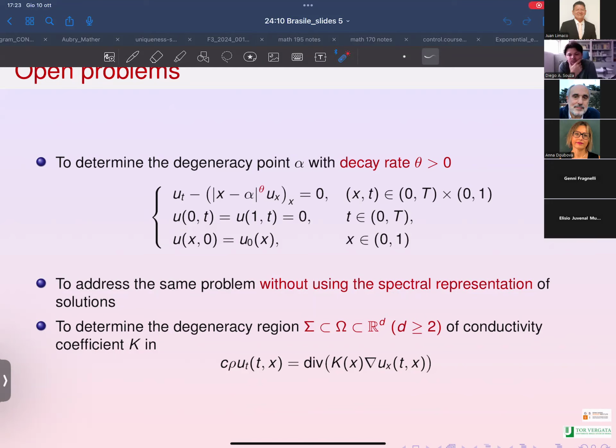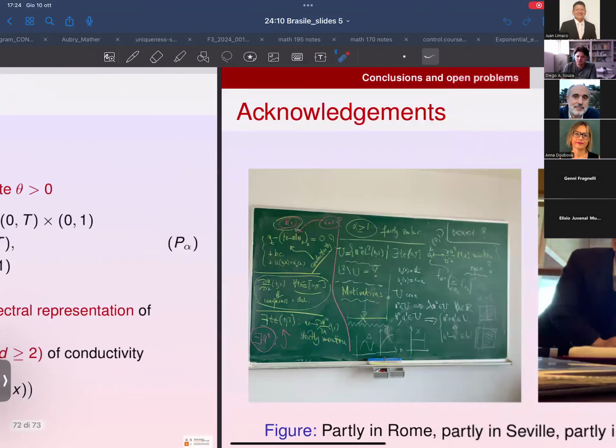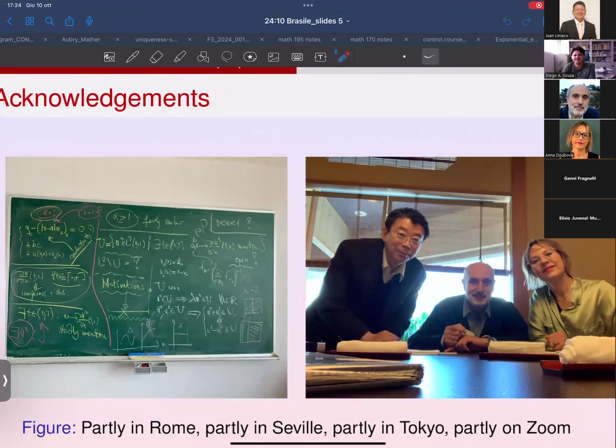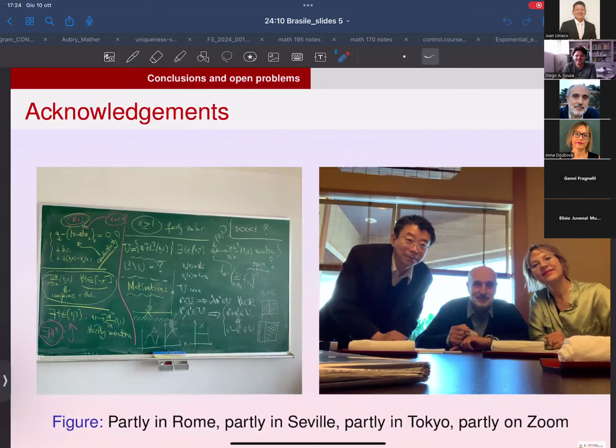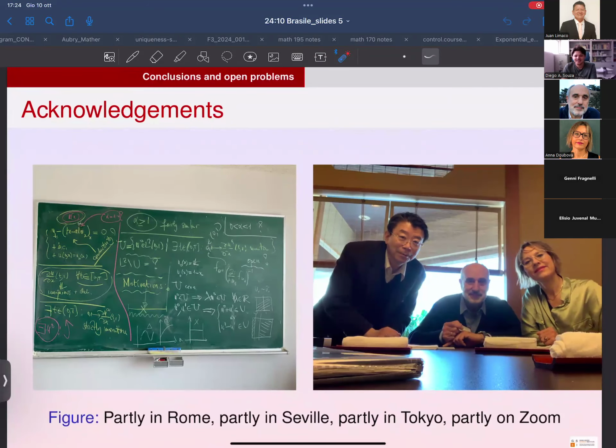Suppose you have a degeneracy, and you identify a region where degeneracy occurs, which is significantly smaller than omega, and try to get uniqueness results or Lipschitz stability results for the points of this region. And with that, I think I'm finished. Let me thank my co-authors for this work, and thank you all for your attention.